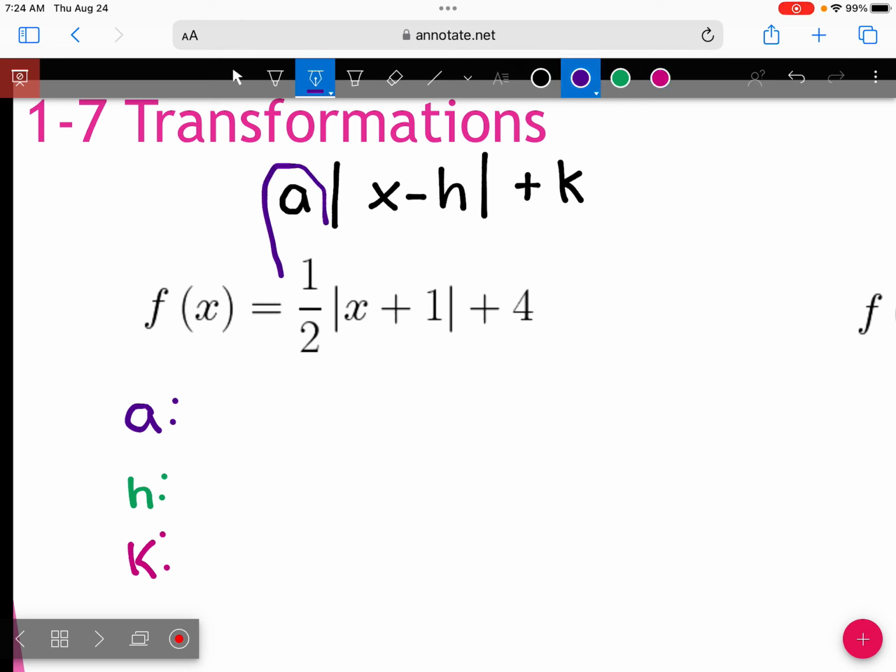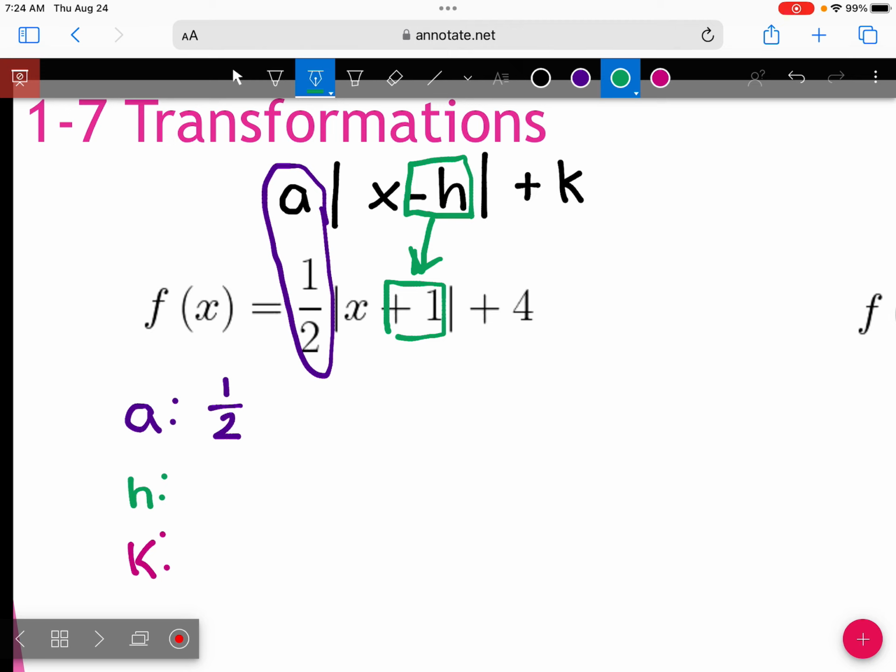A is always multiplied out front. So our A, in this case, is 1/2. H, and we need to be super careful of the sign, is inside, and it will always have the opposite sign as the expression inside the box.